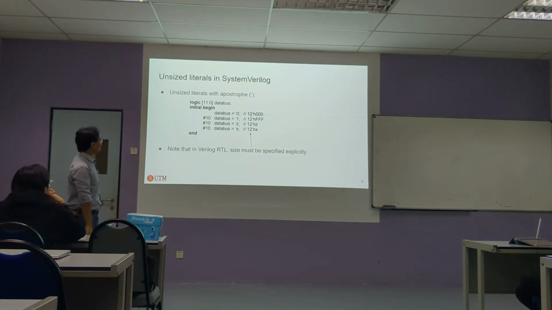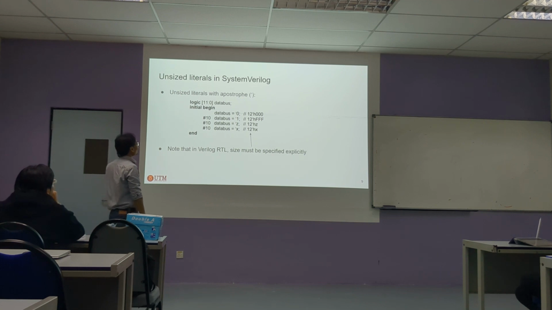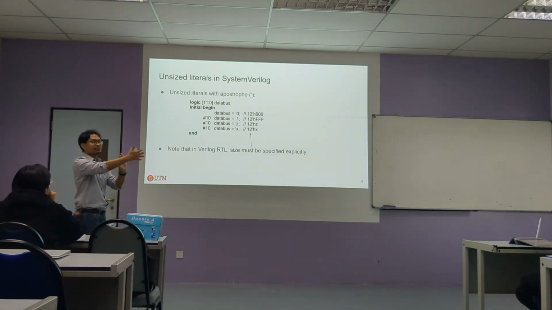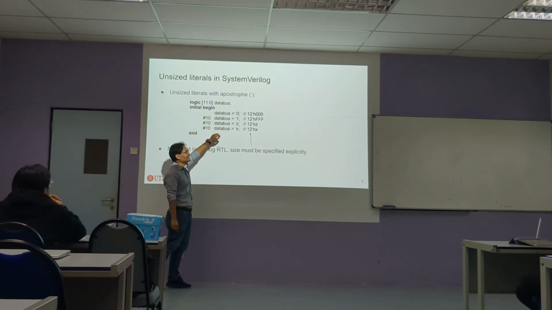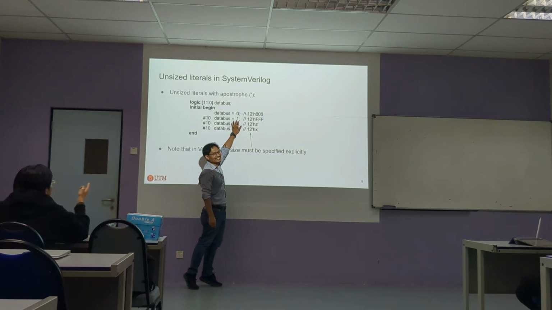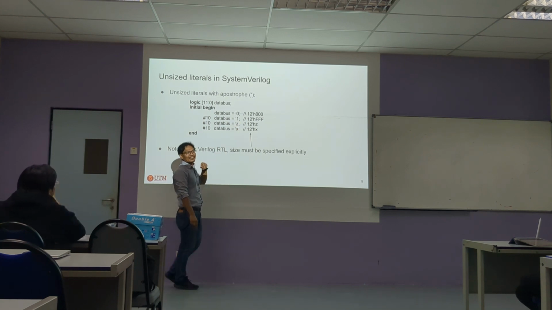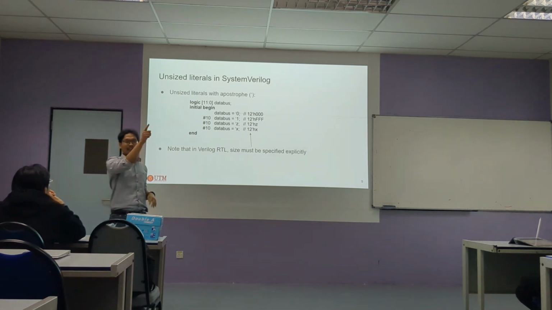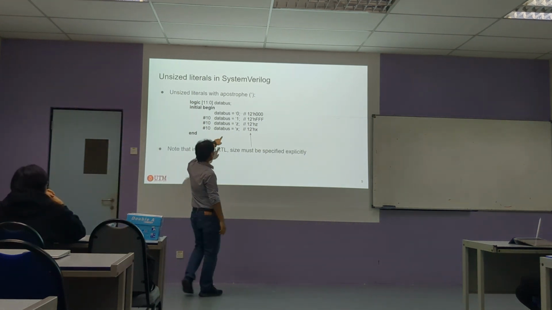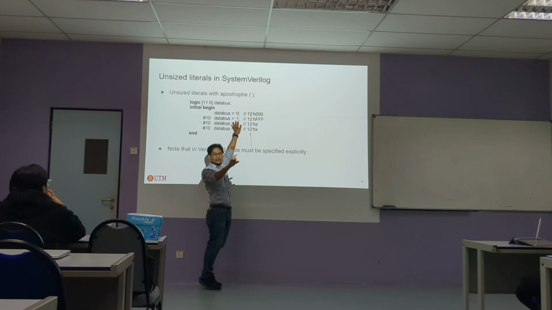Kalau integer data bus, dia nak set semua 1, kalau integer dia tunjuk. Okay, so kita tukar integer data bus. Integer data bus nak ada apostrophe ke tak? Apostrophe 1 dia jadi 1 lah. Kalau integer, I think dia akan jadi satu semua juga. When you put apostrophe, it means that every bit is 1.